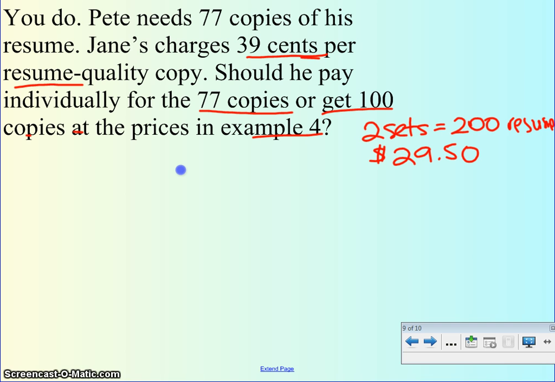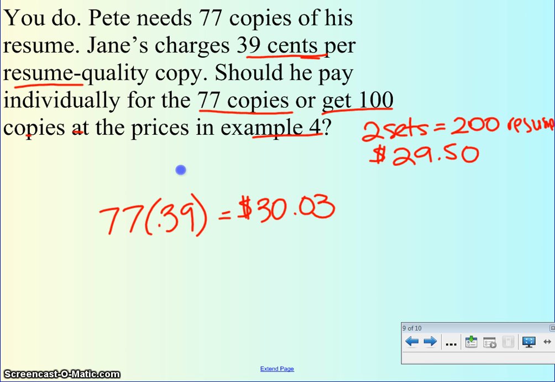If we break it down here and we want 77 copies at 39 cents a piece, if you plug that into your calculator and do 0.39 times 77, you'll find that the cost for these 77 resumes is $30.03.